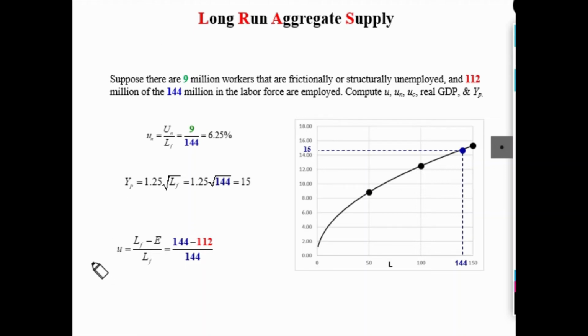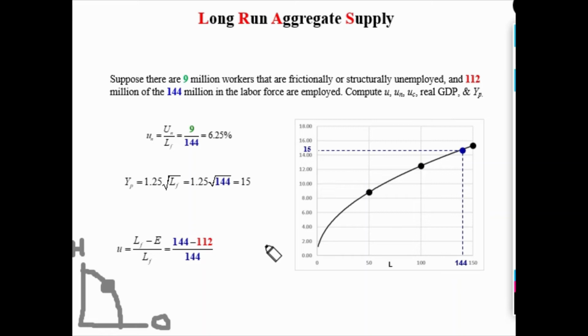Remember, the PPF looks like this. And this could be healthcare, which we'll define as H. And this could be all other goods, which we'll define as O. And we're on the PPF here.